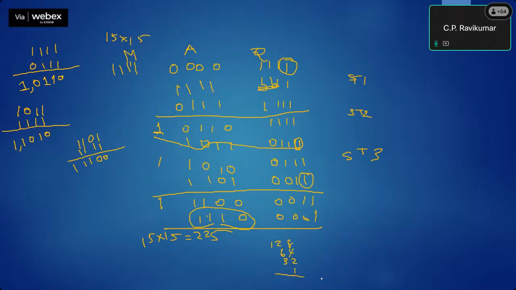And the last one is 1. 8 plus 4, 12, 12 plus 2, 14, 14 plus 1 is 15. Okay. So this is 225. So the answer is correct.